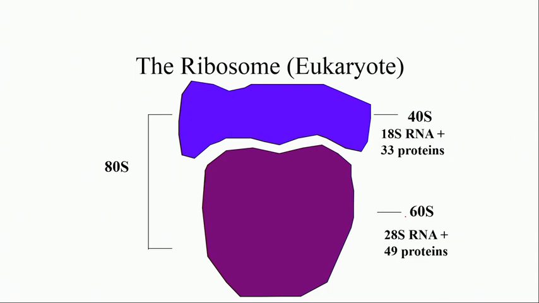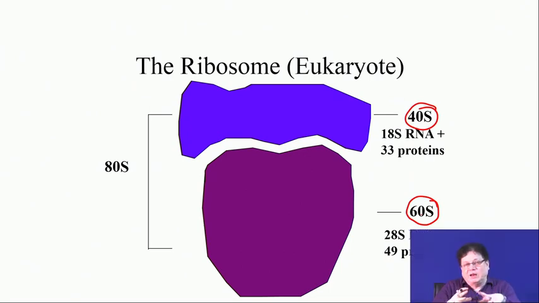Eukaryotic ribosome is 40S plus 60S. But it also has a small and a large subunit, and the protein synthesis is done when the two are held together. So, this ultimately becomes 80S.